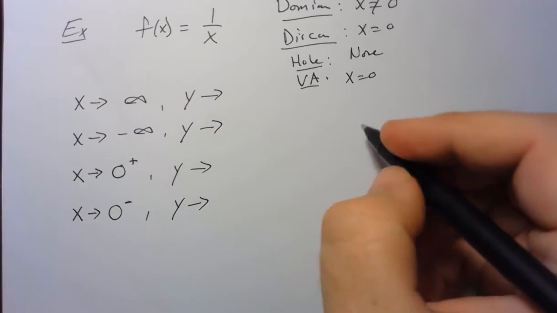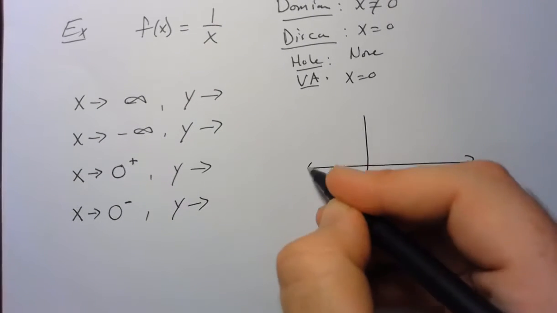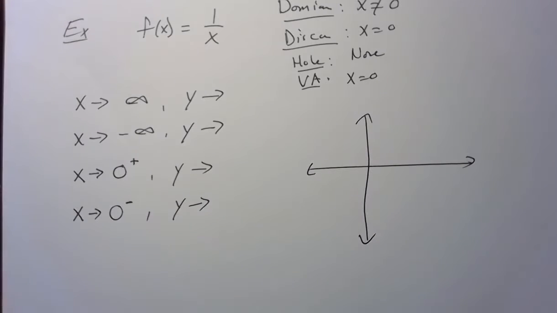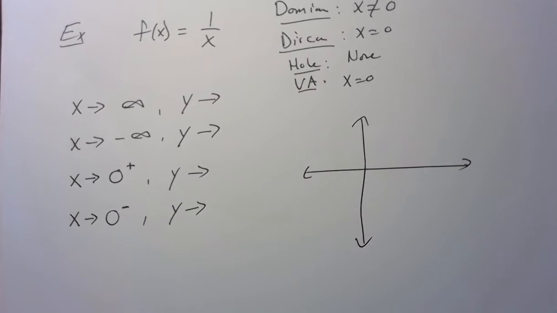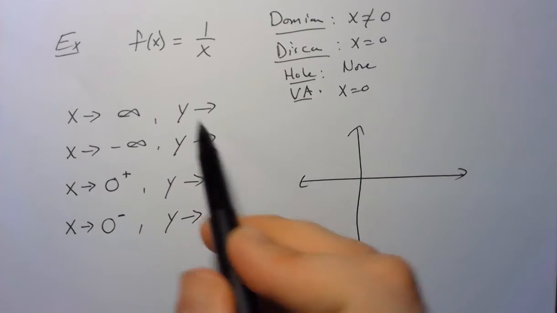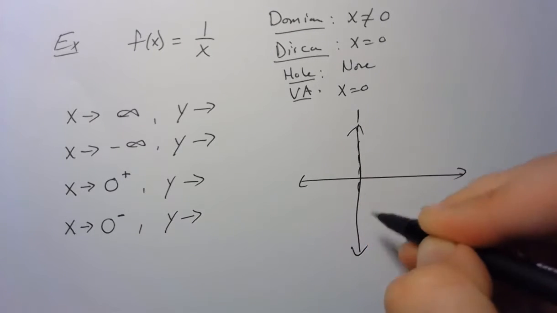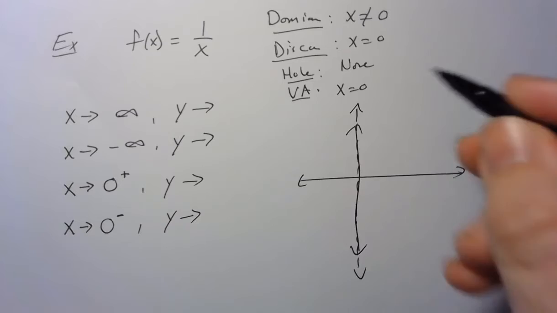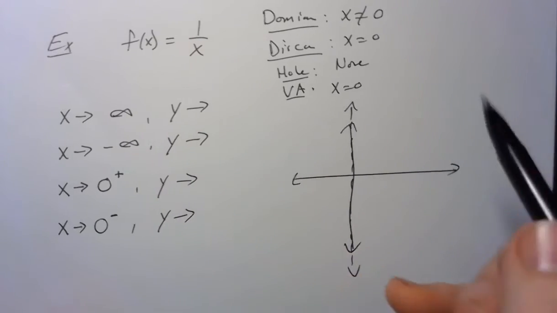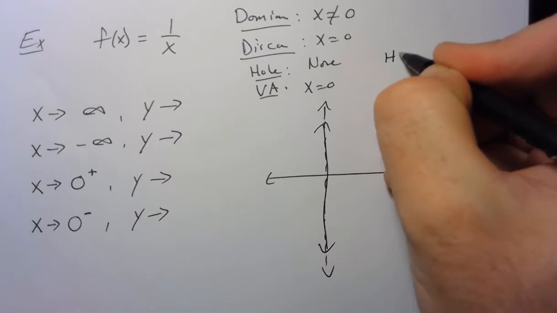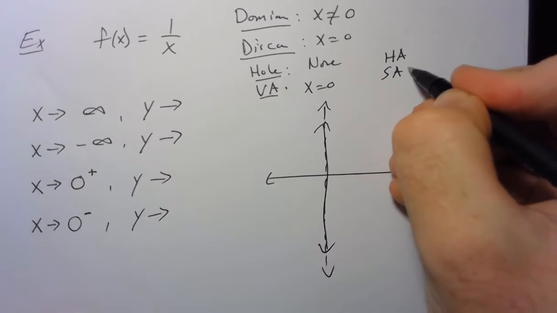So in all four of these circumstances, we want to know what is y doing. Okay, for us to do that, we're going to have to pick some values and graph. I wouldn't say randomly, but I would say systematically be able to sketch this graph before we can do this. Now I know that 1 over x has a vertical asymptote at x equals 0. I know that specifically from, again, the work that I did here. The next thing I'm going to do is identify either a horizontal asymptote or a slant asymptote.